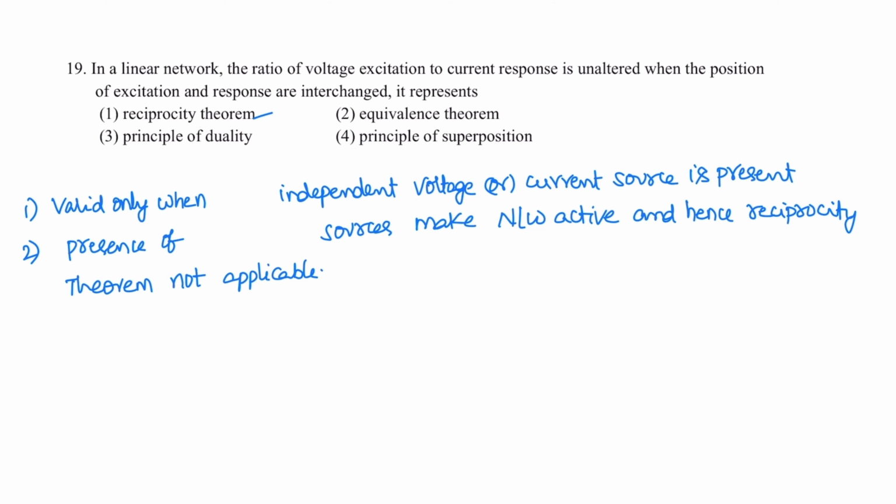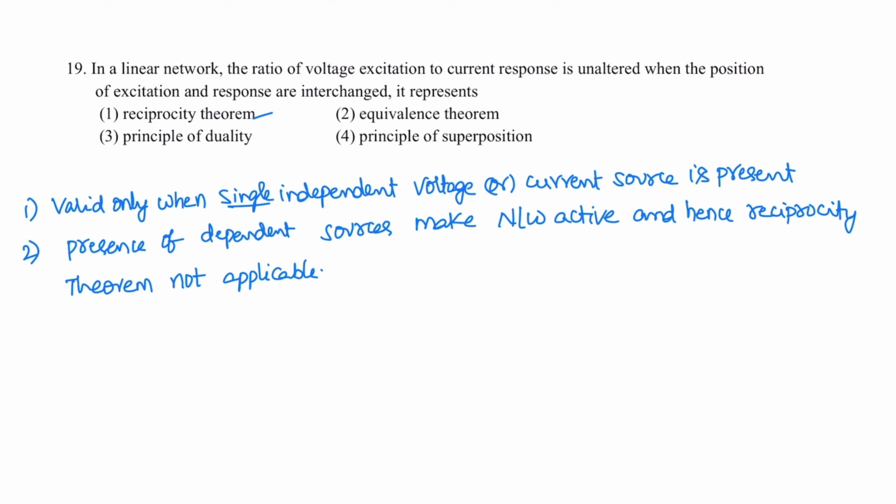Once again, in a linear passive bilateral network, the ratio of response to excitation is constant even if the source and response are interchanged. And this reciprocity theorem is valid only when a single independent source is present, only when a single independent voltage source or current source is present. The presence of dependent sources makes the network active, hence the reciprocity theorem is not applicable.